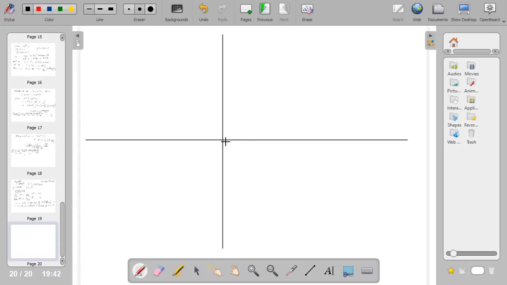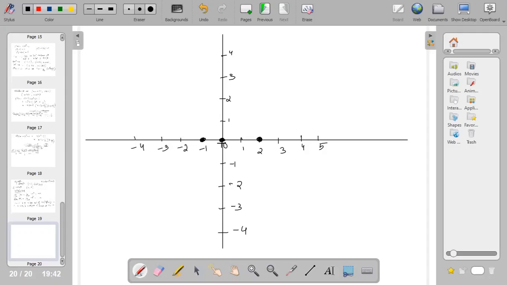So let us mark the intercepts. So intercepts are 0, 0, then you had 2, 0 and -1, 0, and the y intercept is again 0, 0.